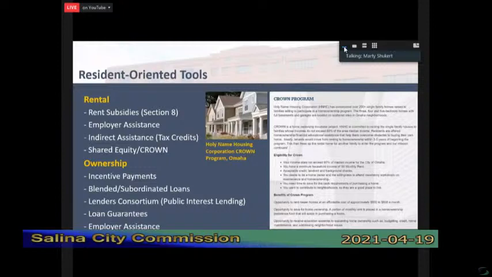So, for example, in Omaha, we have an entity called the Omaha 100 Corporation that started in the 1990s, and it started as a lenders consortium primarily to finance larger projects developed by community development corporations. They would provide the construction financing for those through a consortium of local banks.